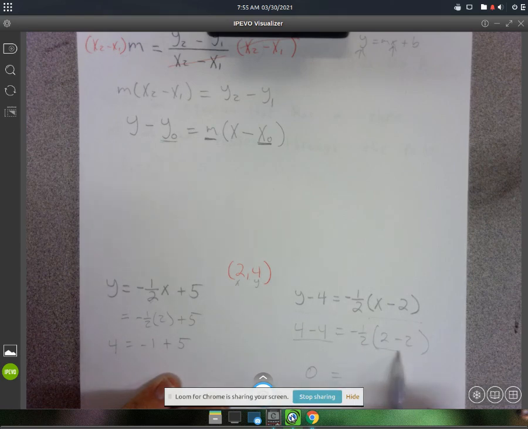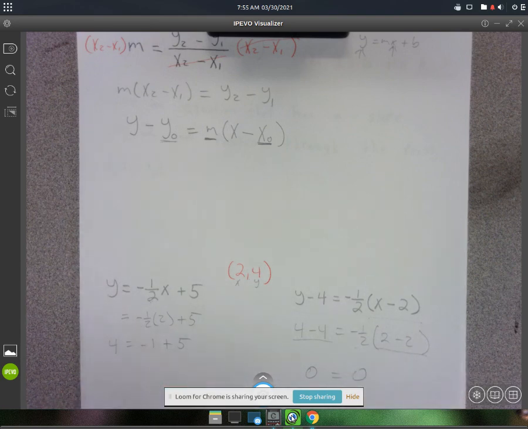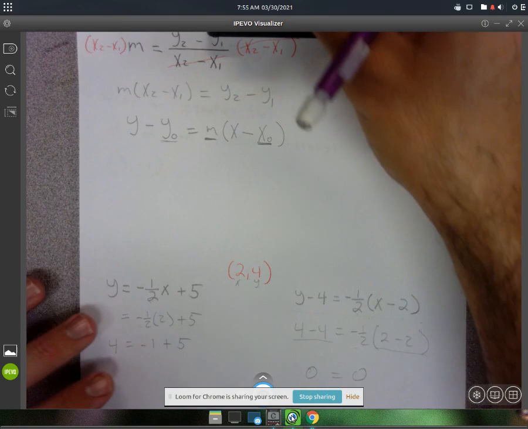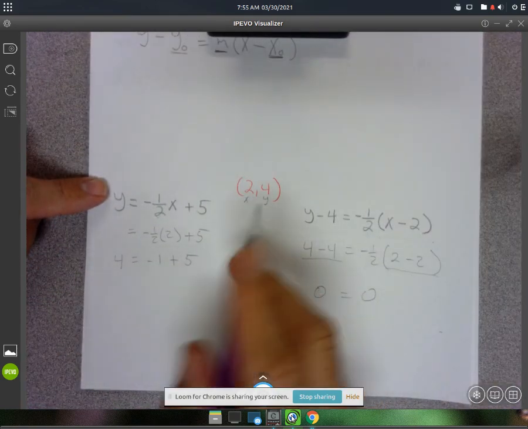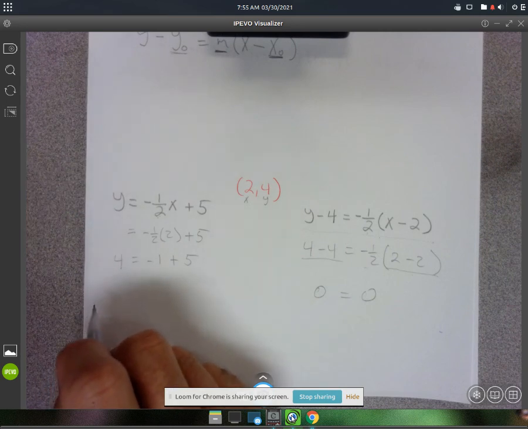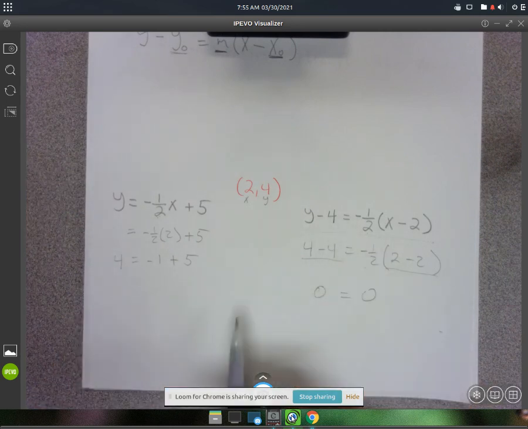And then over here, I get 0. And then negative 1/2 times 0, still get 0. So the equation balances, and therefore that point is on this line. All right. Now I didn't have to plug in 2. I could have plugged in a different number for x. Let me show you how I can get another equation besides this one.